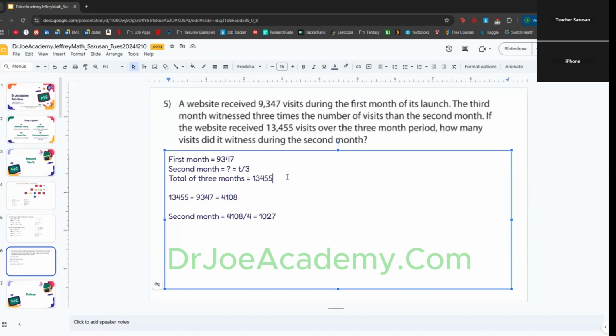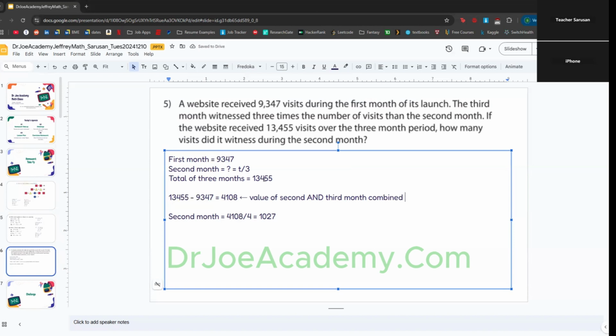Yeah, sounds about right. So this would be your value for month 2 and month 3. Okay. So this would actually be value of the second and third month combined.